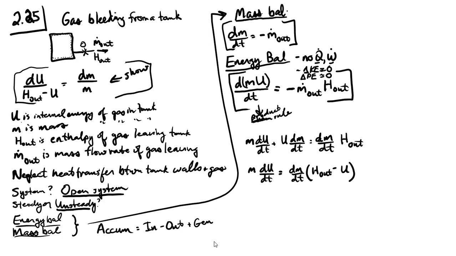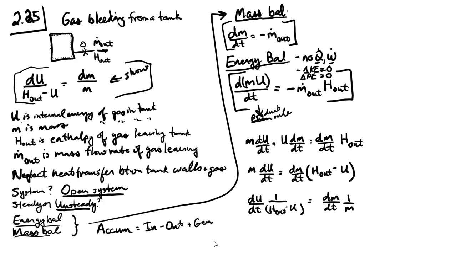That looks promising. But what do we have here? Well, we're basically just separating our variables now. So we have du/dt times 1 over h out minus u is equal to dm/dt times 1 over m.